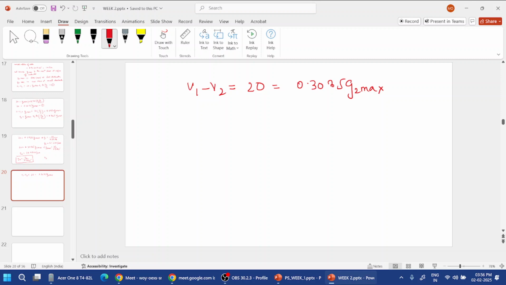So V2 is equal to 66 minus 20 plus 20, because we have been maintaining the three layers at 20 kV.